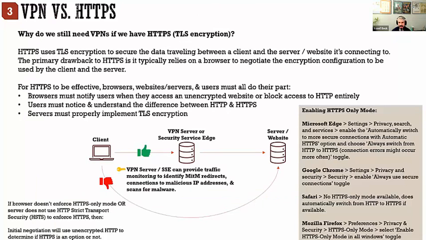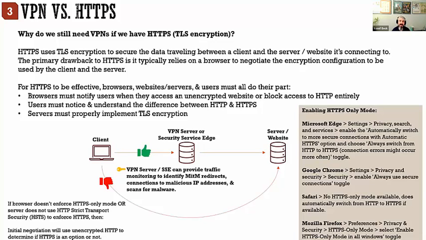So why do we still have HTTPS, or why do we have VPN if we have HTTPS, right? So the primary drawback to HTTPS is that first of all, it's relying on the browser or the application to negotiate that encryption. Instead of a VPN, where it's configured on both your client and your server beforehand, and typically by your IT admin in your enterprise, right, who hopefully knows what they're doing.